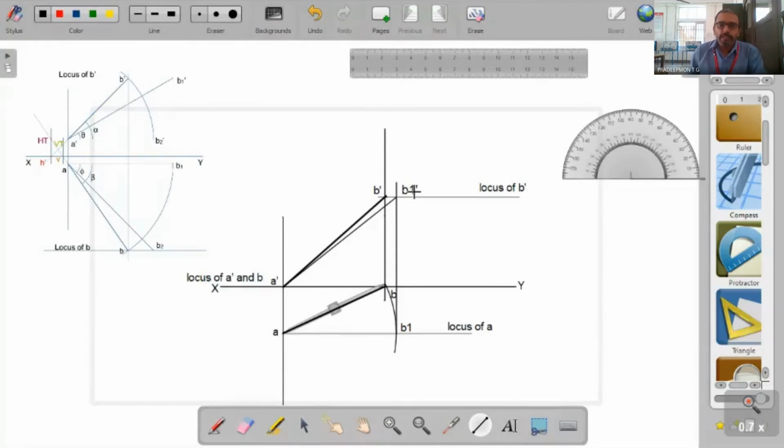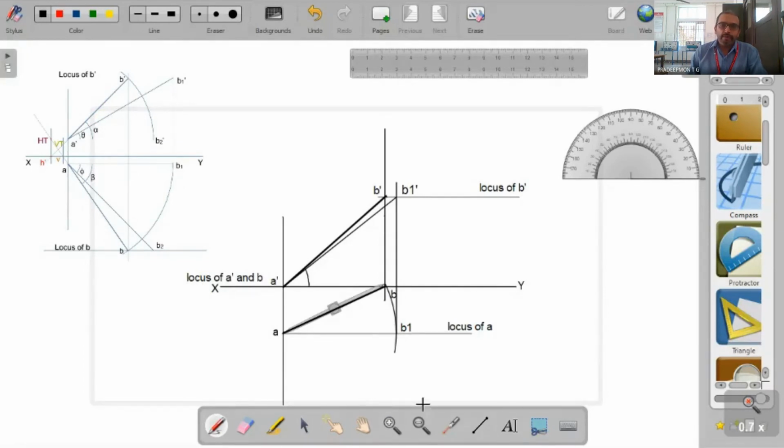A dash B1 dash will give you the true length in this case, as well as this angle. The angle of A dash B1 dash with the XY will give you the true inclination. So you just find out the true length as well as the true inclination in the front view.